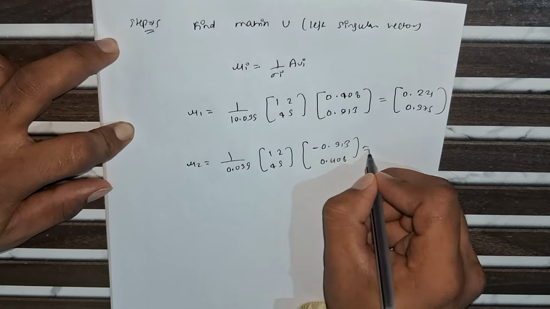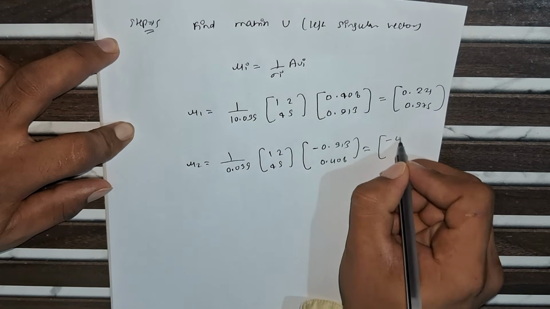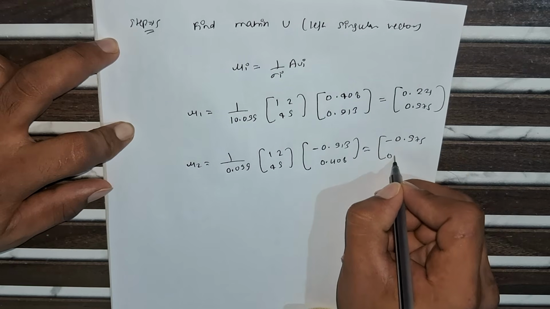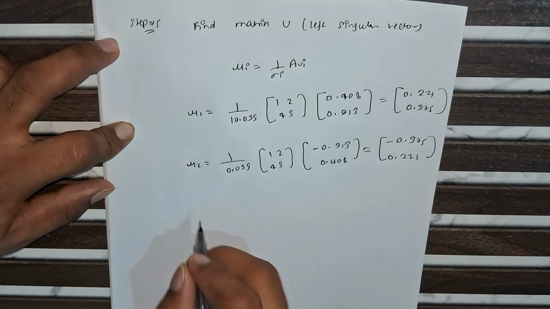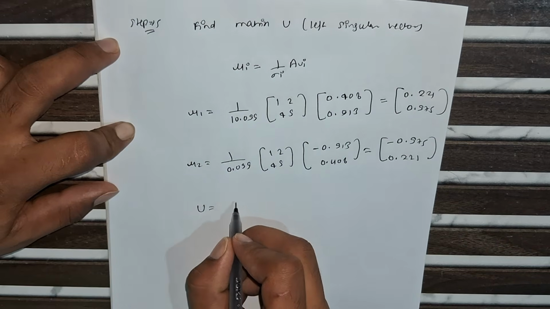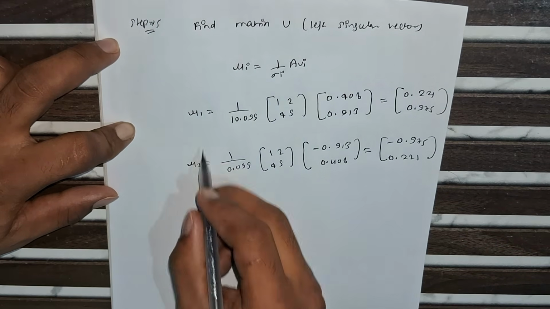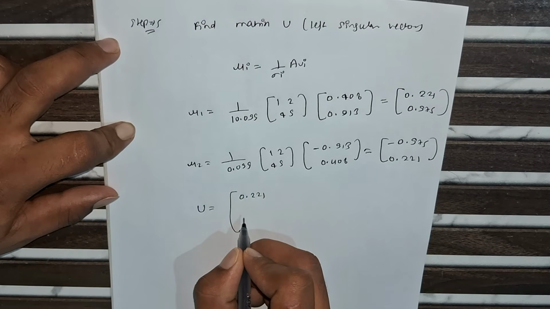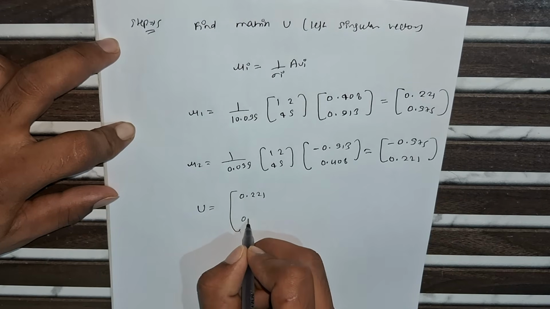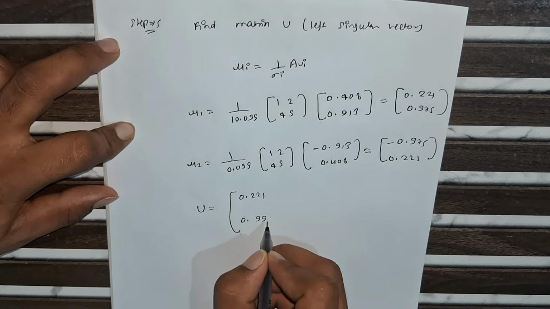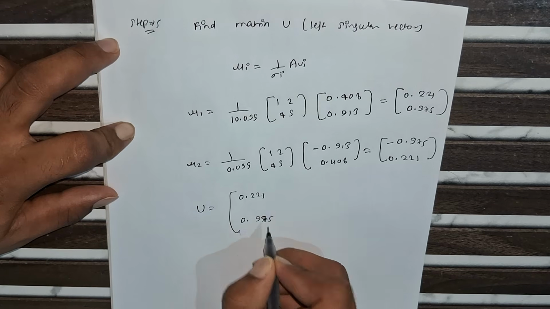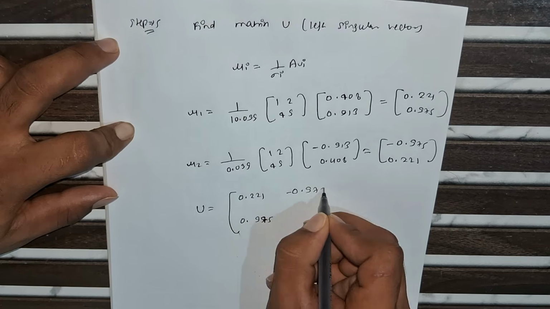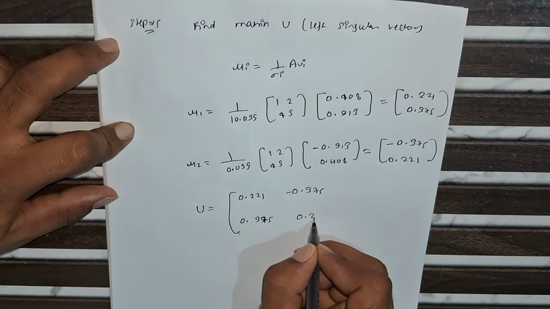So when you multiply, it becomes minus 0.975, and this is 0.221. So what is our U, which is nothing but u1 and u2, which is 0.221 and 0.975, and this is minus 0.975, and this is 0.221.